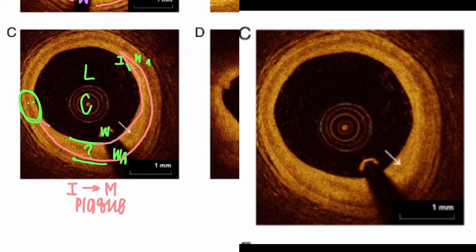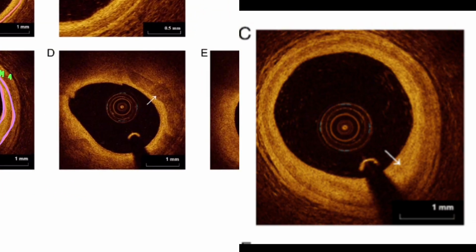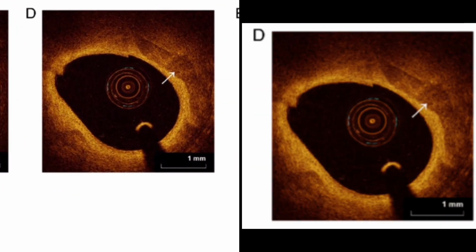On OCT, it just looks like a very thick intima. What you're looking for in a healthy segment is like this, where the vessel layers are very close to each other. But if you're starting to see this thicker looking intima, all of this yellow, that is the soft plaque.